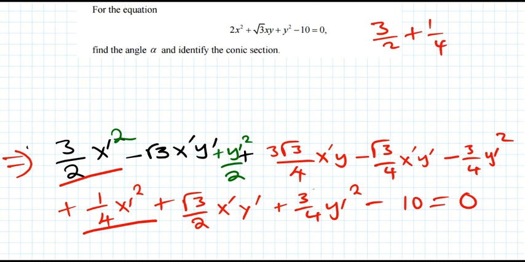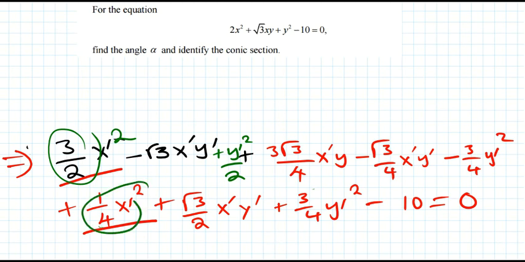Common denominator there of course is a 4. So 2 into 4, 2, that's 6, plus 1. So we've got 3 over 2 there, attached to x prime squared. Which other one is attached? There is the 1 over 4, which I've identified.